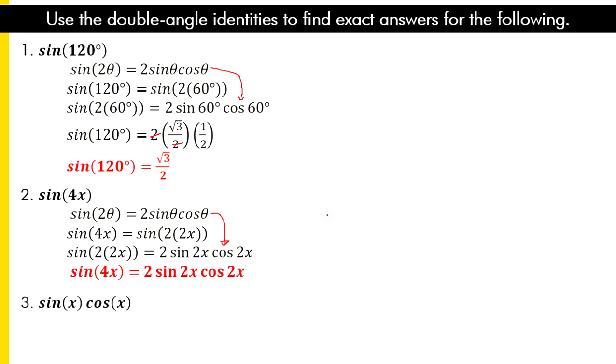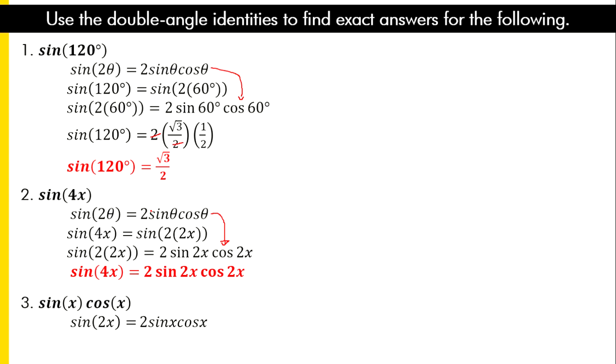And then for number 3, sine x cosine x. Here you need to remember the 3 identities which include sine theta cosine theta. In the first 2 examples, obviously we have sine theta cosine theta, so we can use the sine double angle identity. As we all know, the formula for this is 2 sine x cosine x.